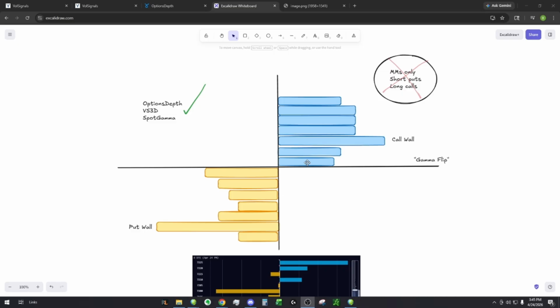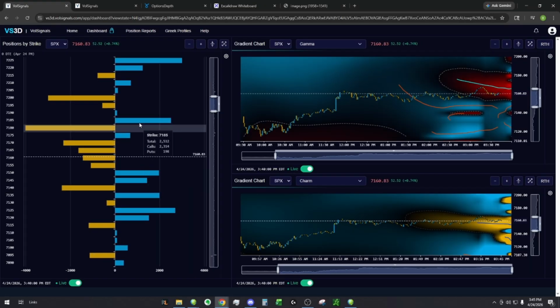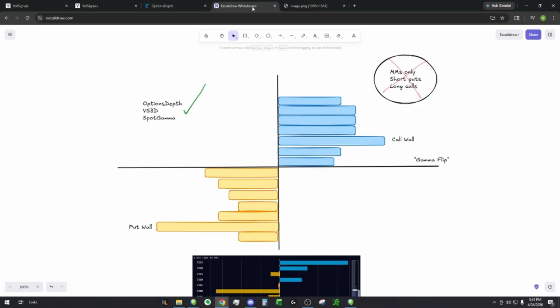And basically, why you know it's wrong is because it assumes that market makers are only short puts and long calls, which just fundamentally is not true. You could see it on any other platform that is inherently wrong. So just be careful if you're looking for a service, if they do it this way or if it looks like this, that it's just fundamentally wrong.